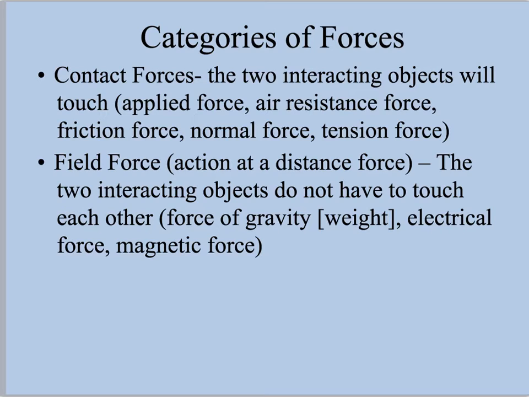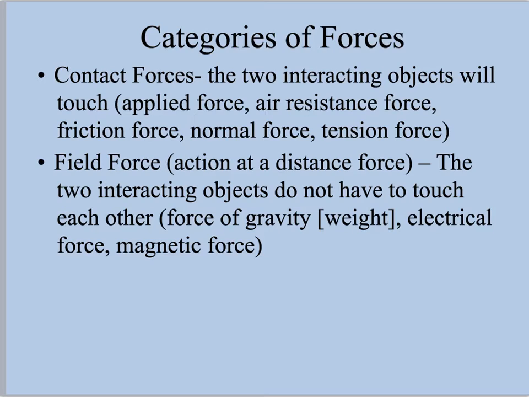The table itself, the surface that it's sitting on, is pushing up on the soap dispenser bottle. So we call that the normal force. We'll get into the idea later on. And then tension force, which is a force for things like ropes, pulling something, or fishing line or something like that.